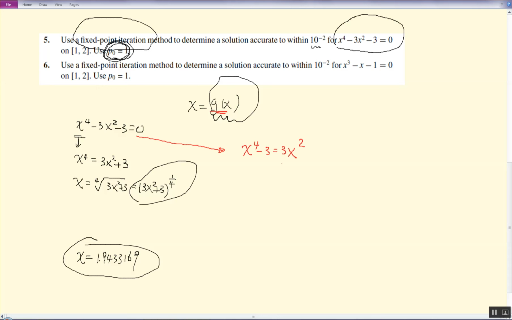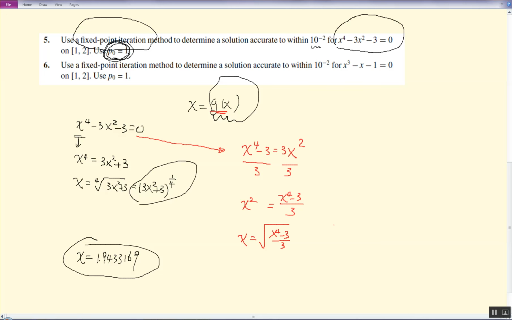I will divide both sides by 3, so I have x to the fourth minus 3 over 3 equal to x squared, and then x is the square root of x to the fourth minus 3 over 3.